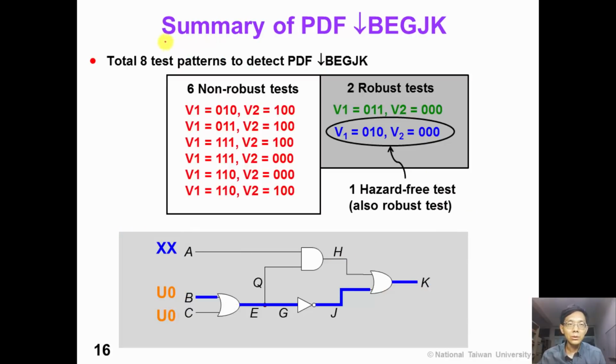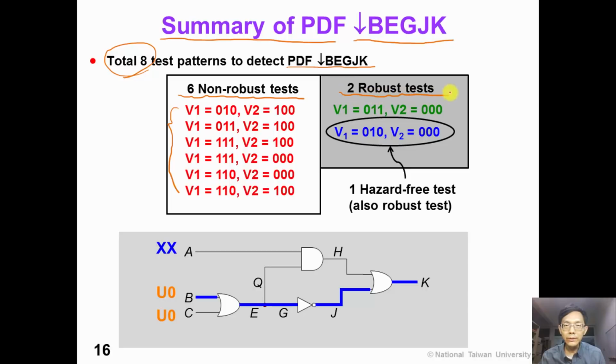Now, let's make a summary about our old friend, the path delay fault B-E-G-J-K. Totally, we generated 8 test patterns to detect this path delay fault, out of which 6 of them are non-robust tests. These 6 tests are listed here.